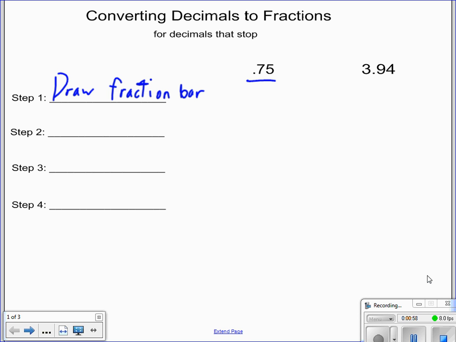Step 2, I'm going to put a 1 under the decimal. So there's my decimal, right underneath that, I'm putting a 1.